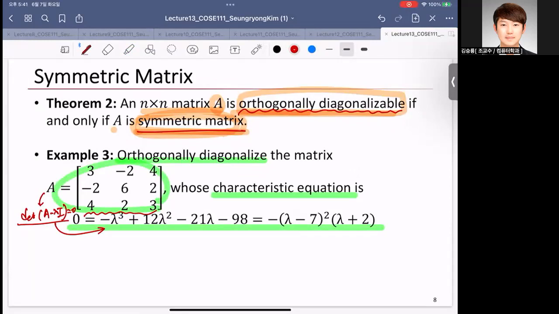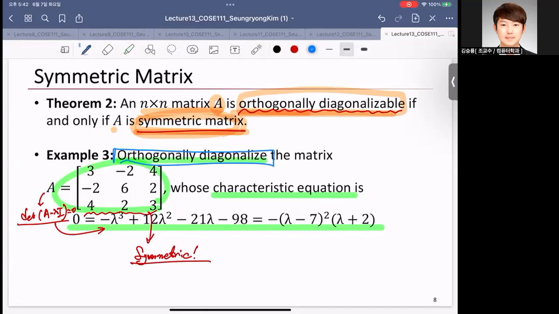Symmetric. Then we can observe it is orthogonally diagonalizable.